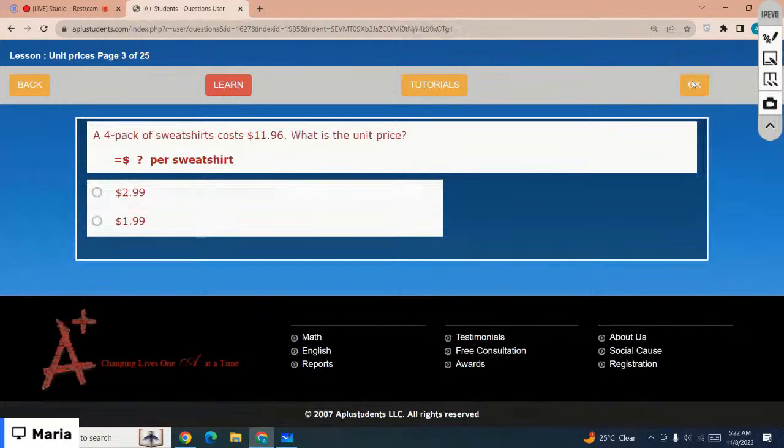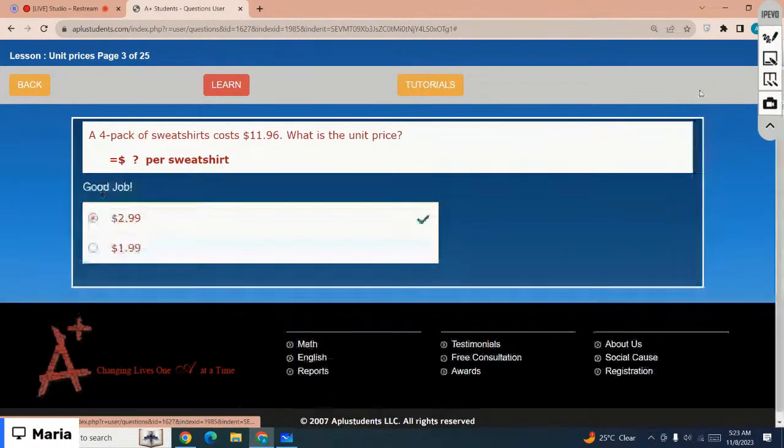So $10.96 divided by 4 is... the correct option is $2.74, right? That means the cost of one sweatshirt is $2.74.